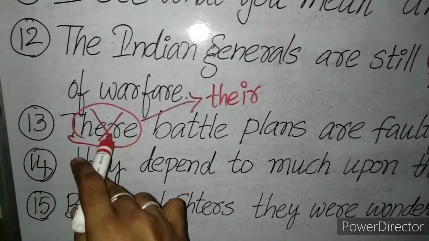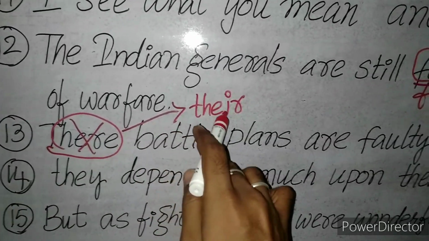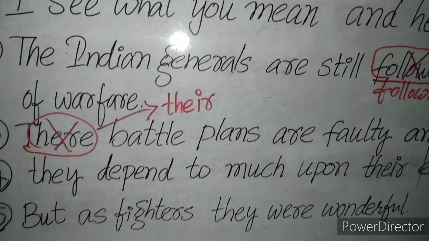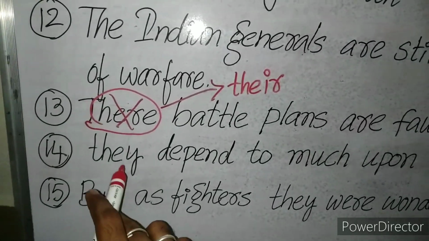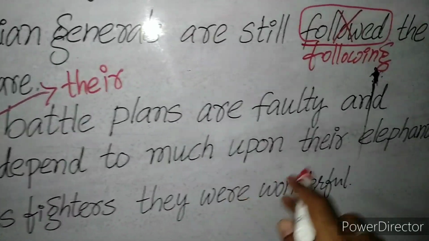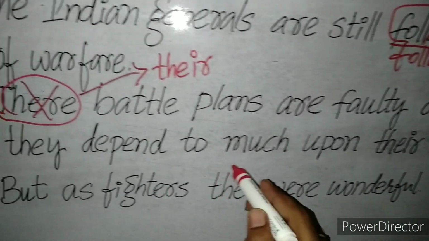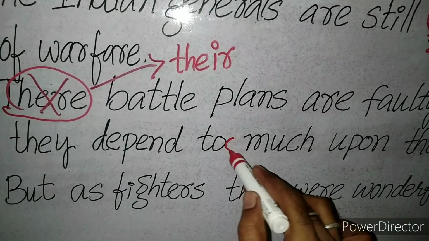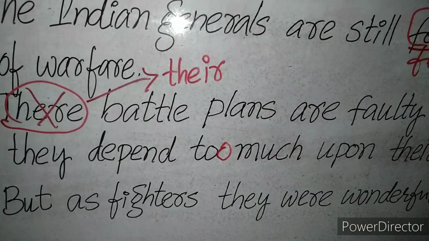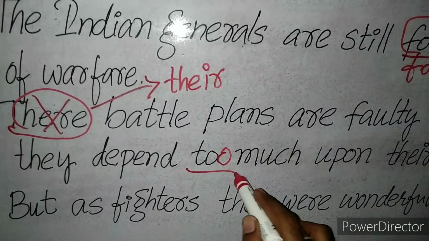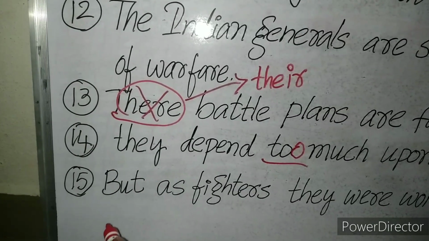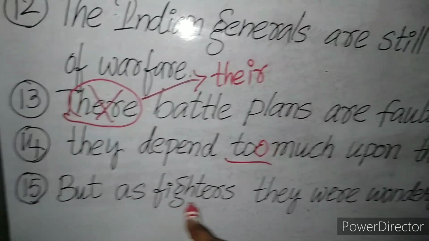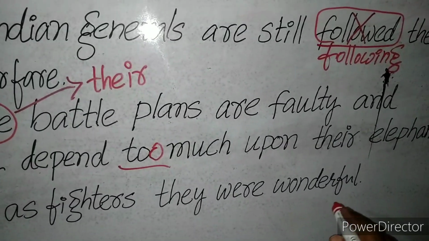Okay. Here not their but there. Now the 14th one is they depend too much upon their elephants. So here too much. Too much means we have to use too, not to. Okay. Got it?